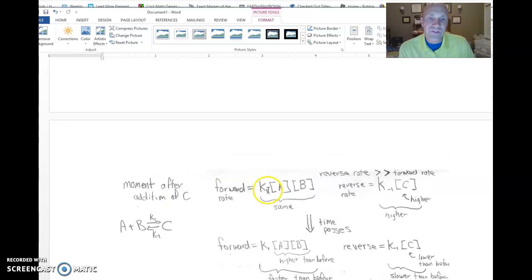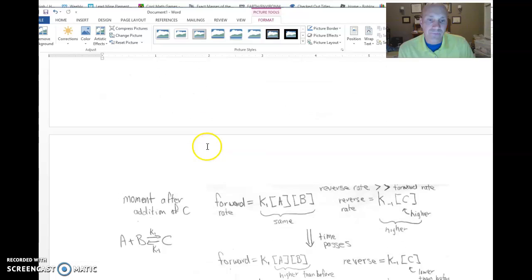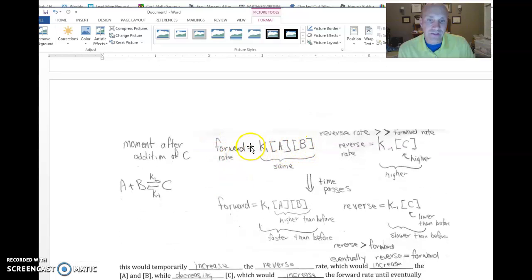Remember, equilibrium is the interaction between the forward rate and the reverse rate. So we would still have a forward rate law, and we would still have a reverse rate law.